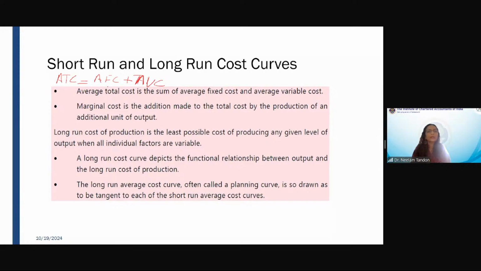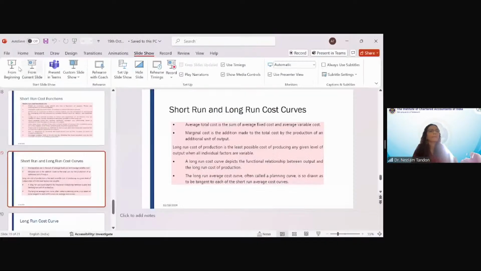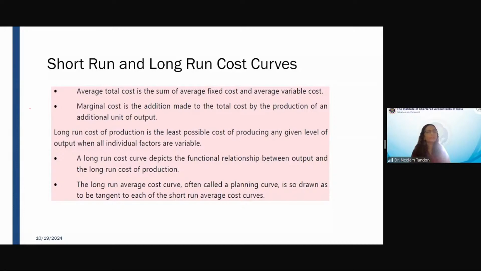And this total cost and variable cost, if you make it graphically, then this is average total cost.